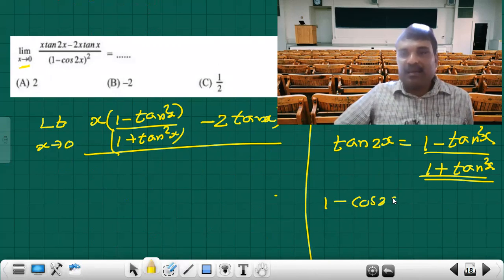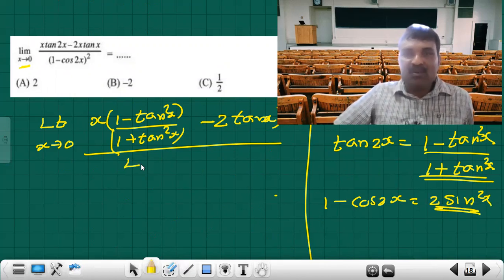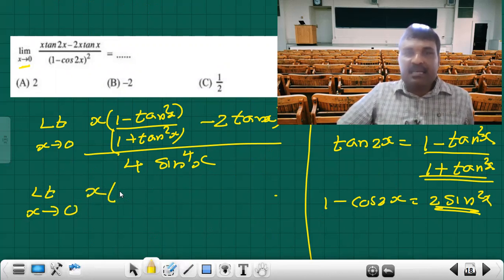We can write 1 minus cos 2x is 2 sin square x. So by squaring this becomes 4 sin raised to 4x, right? Now take the LCM, the numerator, and simplify. So we can write limit x tends to 0, x into 1 minus tan square x, right?